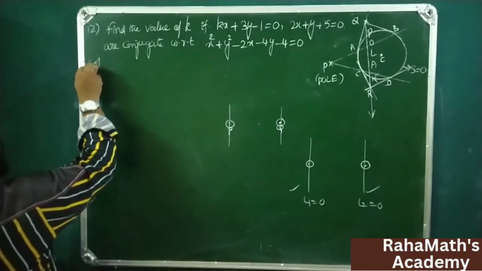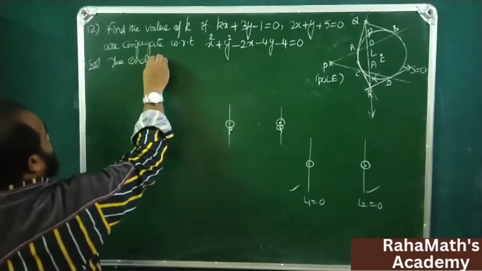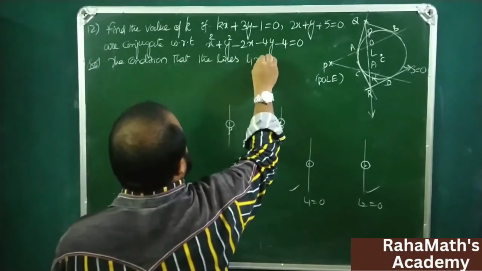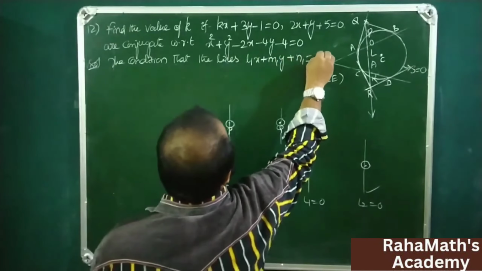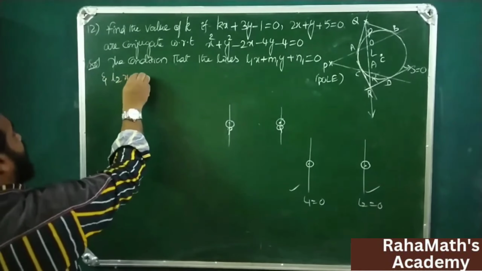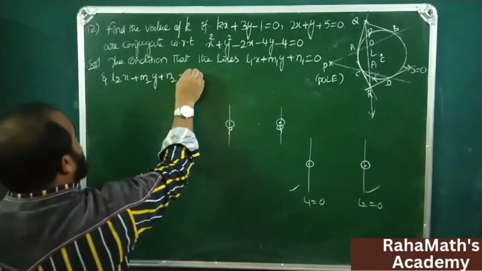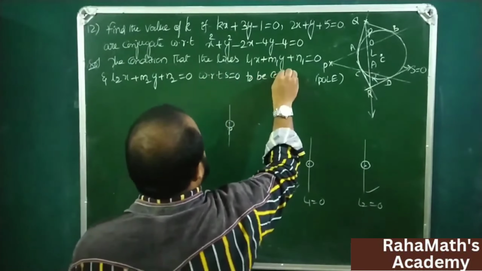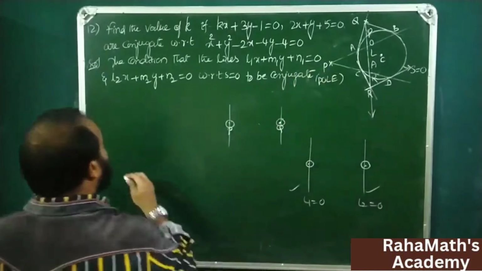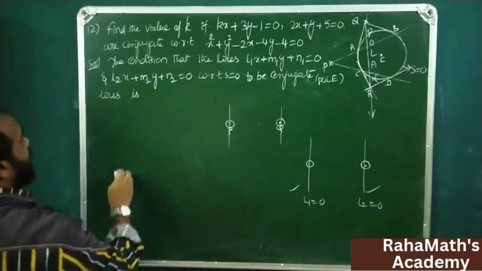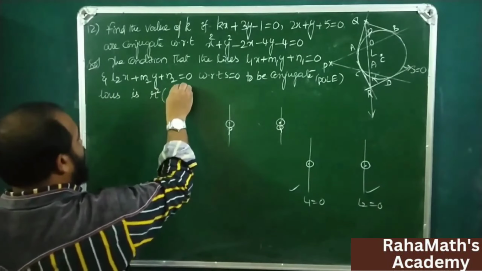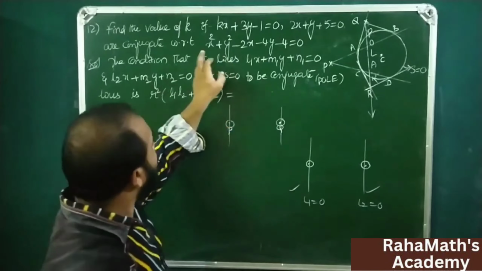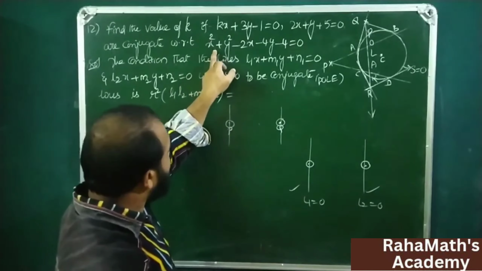So we have the condition that the lines L1x plus M1y plus N1 equals to 0 and L2x plus M2y plus N2 equals to 0 with respect to the circle S equals to 0 to be conjugate lines is r square into (L1 L2 plus M1 M2) equals to (L1 g plus M1 f minus N1) into (L2 g plus M2 f minus N2) for the standard equation of the circle x square plus y square equals to r square.